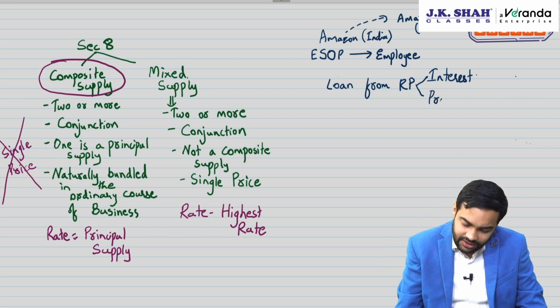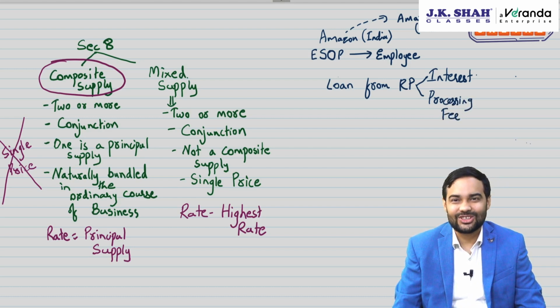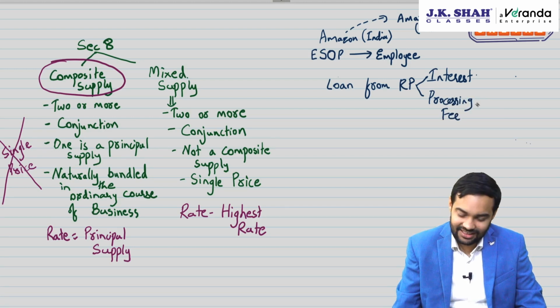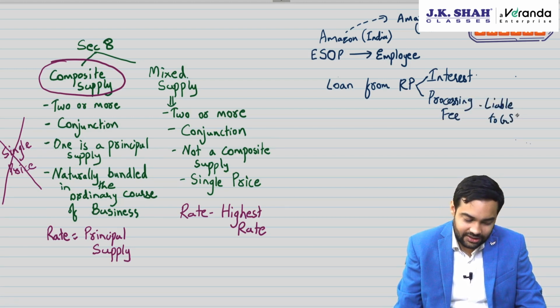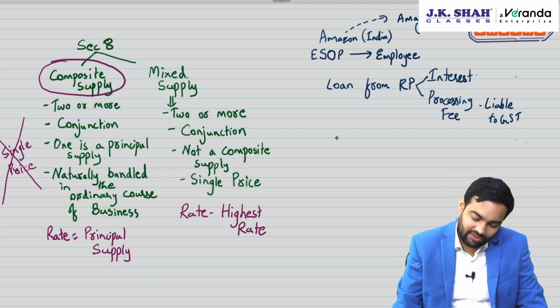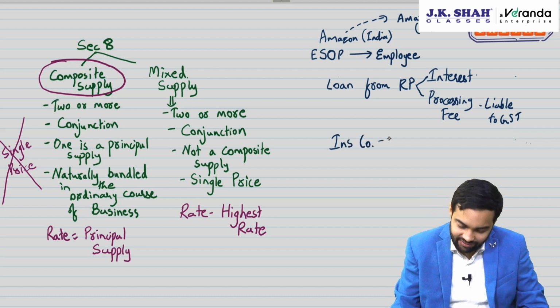If a processing fee is not charged, then the department cannot say that there is some processing fee hidden in interest and pay GST on that. If a processing fee is being charged, then it is liable. If it is not being charged, then there cannot be a notional value of processing fee which can be added. Then one more very important circular was on insurance companies, when they sell the salvage.